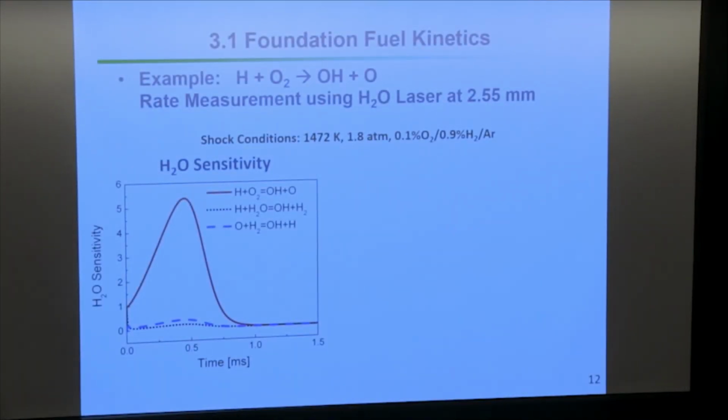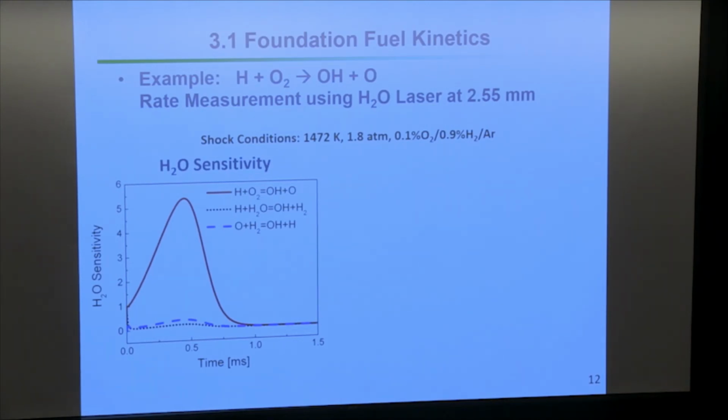I had a student who did it in 1990. I've had 3 students do 3 different methods. The competition before we did it was a method called atomic resonance absorption spectroscopy. So you can use a resonance lamp, not a laser, a resonance lamp. But any lamp is never as steady as a laser. So that was the method that produced the best rate coefficient data before we used lasers.